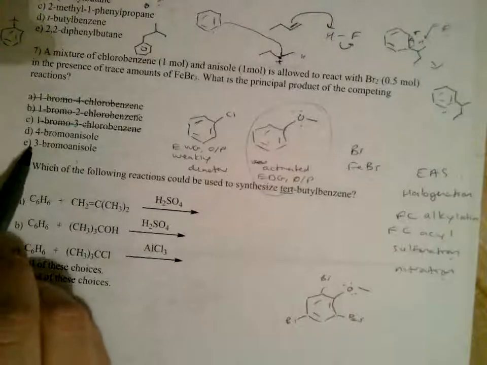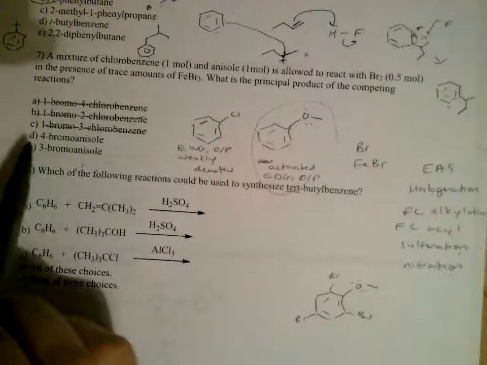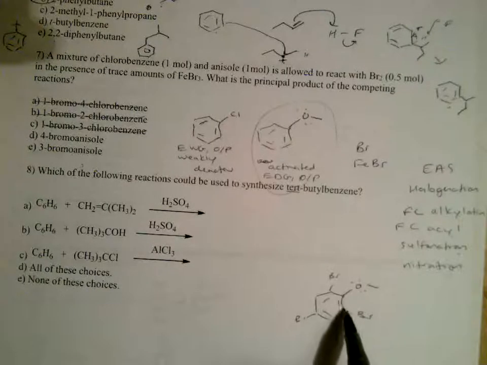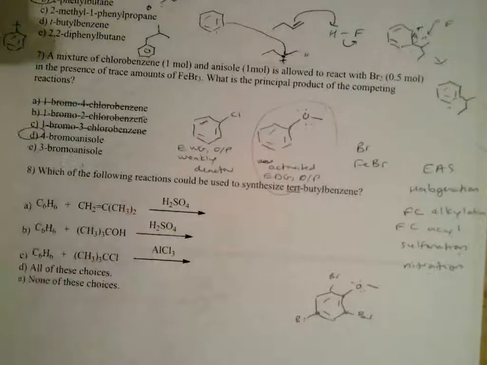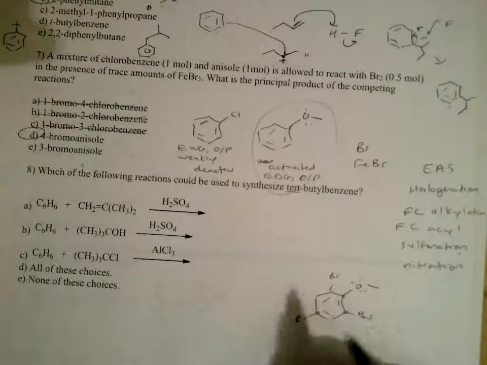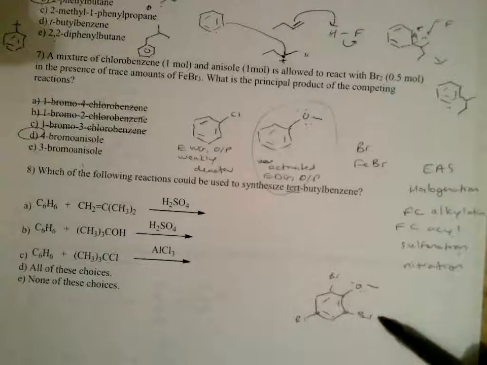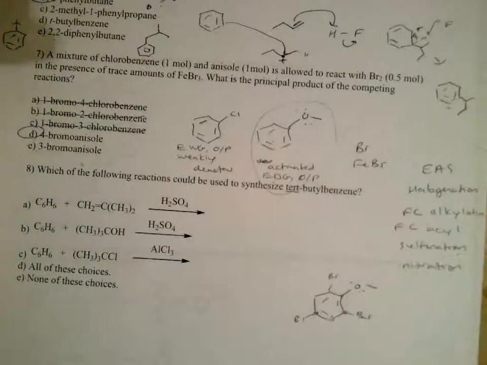So just knowing that, you can narrow your answer choices down to D or E. Then you just need to know, is it going to go meta or para? So let's see, 1, 2, 3, 4. So 4-bromoanisole. Meta would have been 3-bromoanisole, and that's only if this were an electron withdrawing group. And if it was an electron withdrawing group, it would not have gone as quickly as this electron donating group.